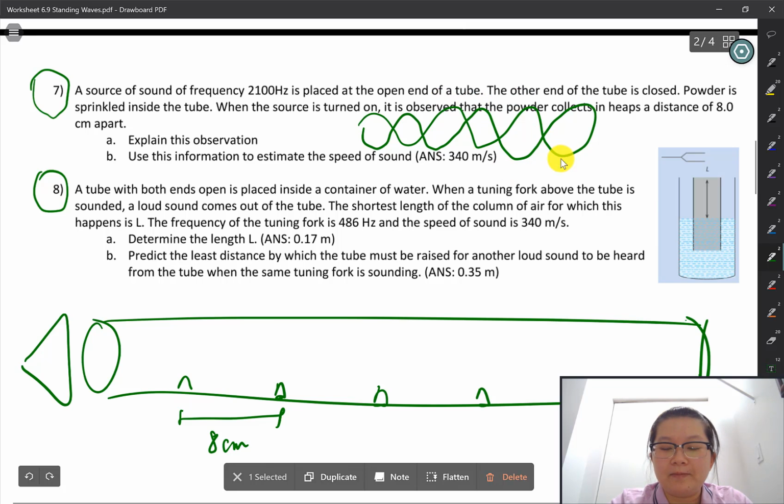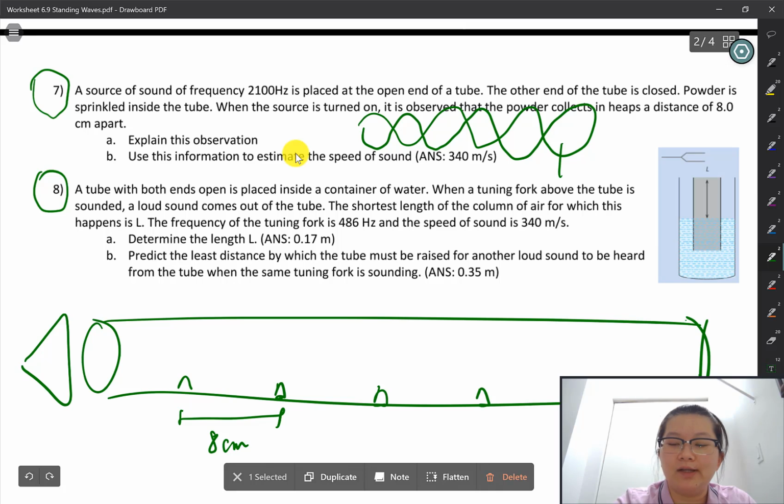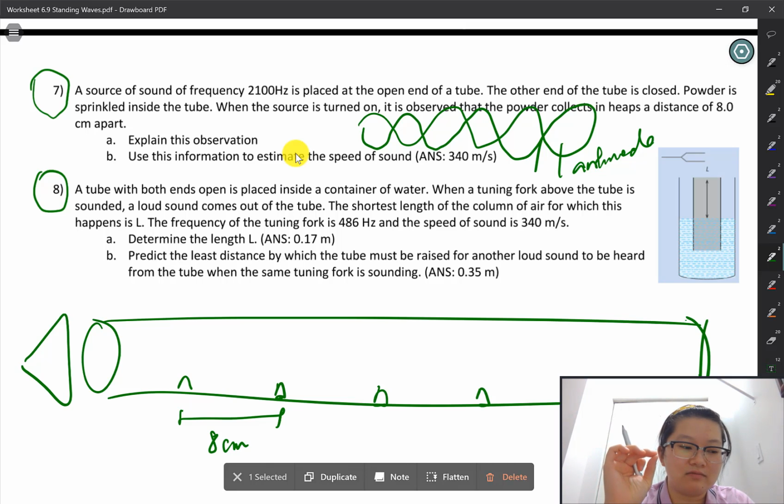Now, these blobs have points on them. For example, the parts where the wave is maximally displaced, this is called an antinode. The ones that have no displacement relative to the equilibrium position are called nodes.